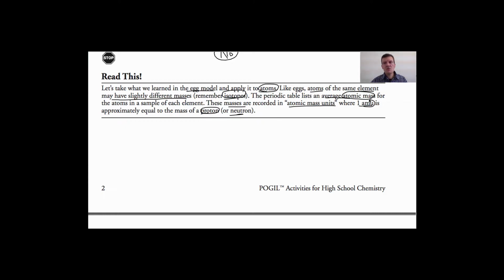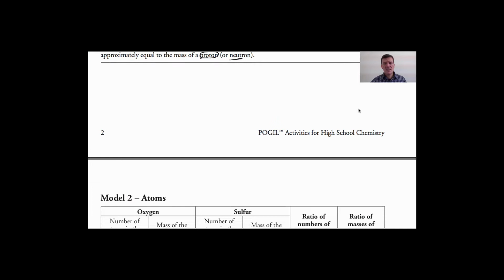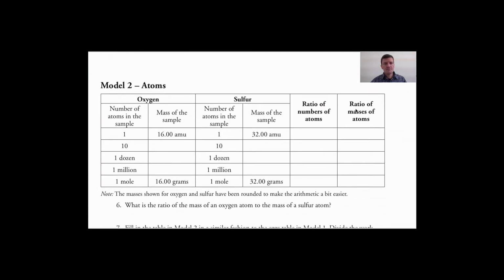So AMU, atomic mass unit, is the unit used to measure the mass of tiny particles. Okay, so it's a very, very small unit. But we really don't use AMUs, we use grams. And you're going to see how this plays out in a second. Okay?